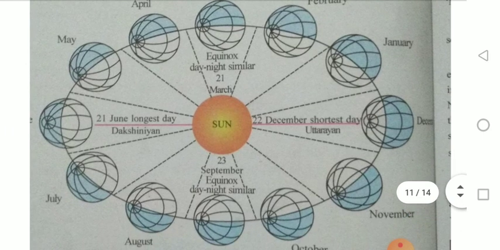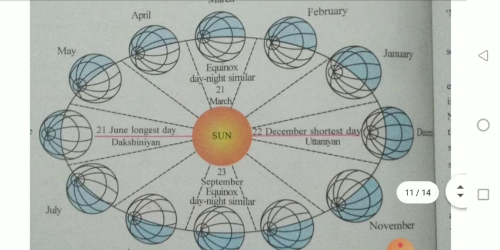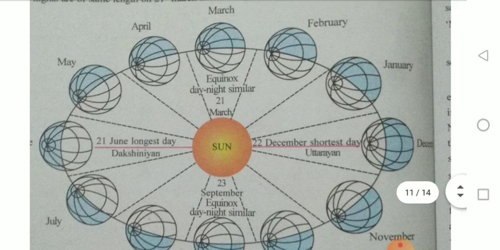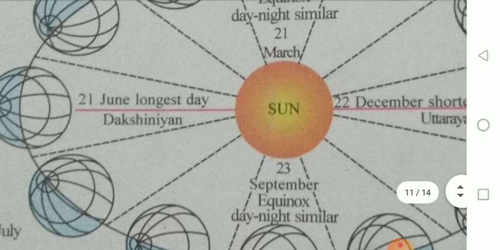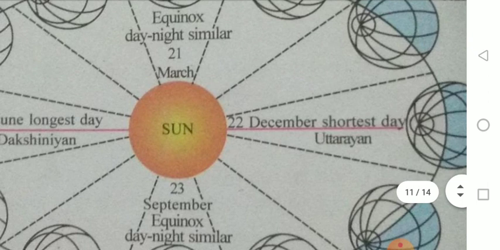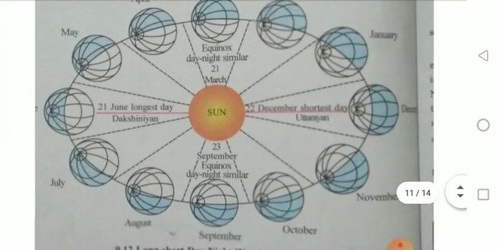Here you can see the picture, the rotation of the earth around the sun. Here you can see that the 21st June, longest day, which is called Dakshinayan, and 22 December, shortest day, which we call Uttarayan, and 21st March and 23 September, their day and night are similar.